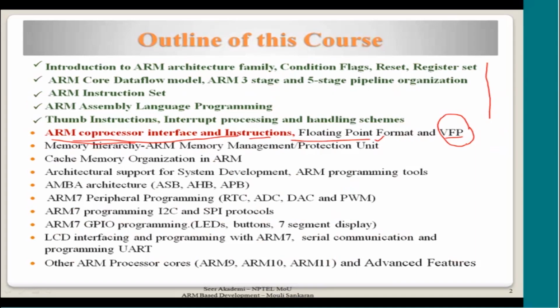So we start with how a coprocessor is interfaced with the ARM, then the instructions supported by ARM, then how it is implemented to support floating point arithmetic operations. This will give you a complete picture of what a coprocessor is all about, what its use is, and how it is implemented along with the ARM processor.